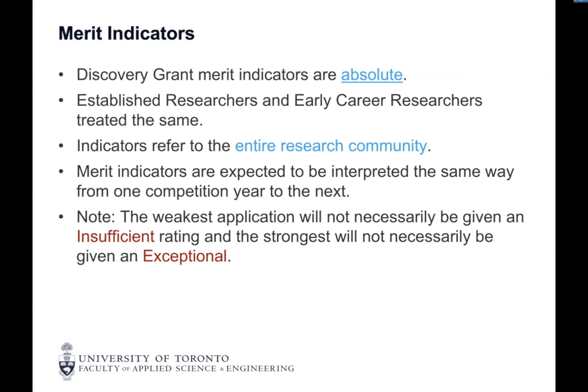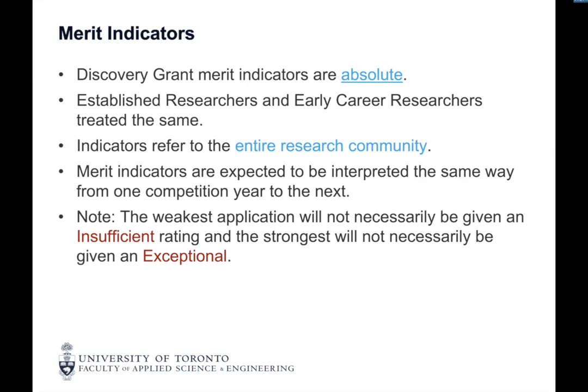The discovery grant merit indicators, how we rate the different criteria, as I mentioned, are absolute. So we don't allow compensation in terms of stage of career and whatnot. And that is accounted for later on after there is an evaluation. Keeping things absolute also helps in terms of that equity.